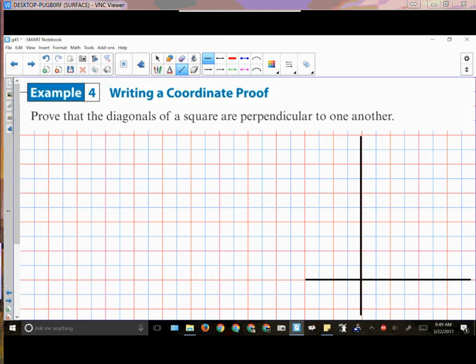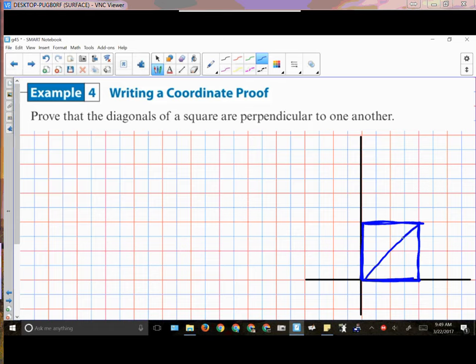I tend to want to work in the first quadrant, simply because everything is positive there. So let's go through and make myself my square. Let's see, I'm going to make it this way, this way. And don't make things too small because you want to give yourself some room to be able to draw and see what's going on with it.